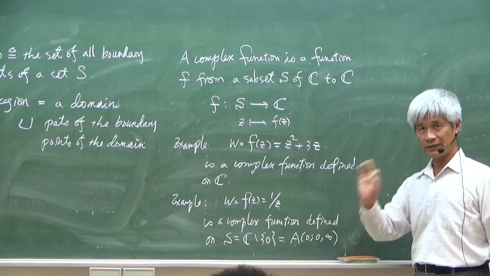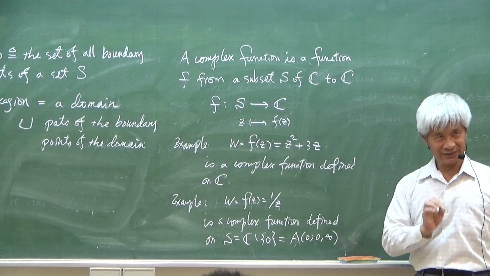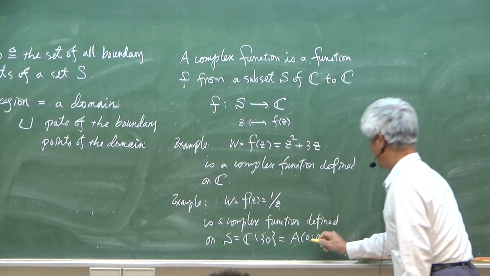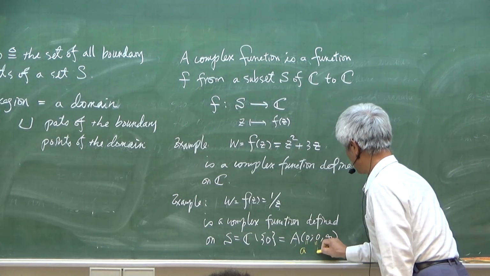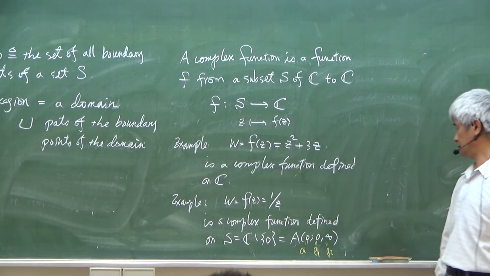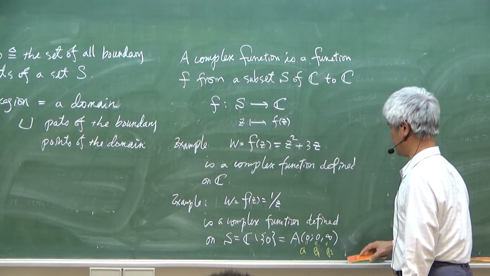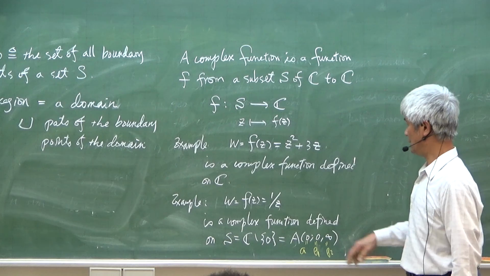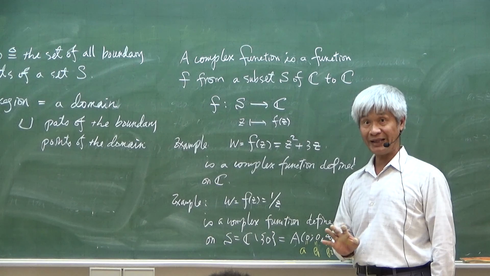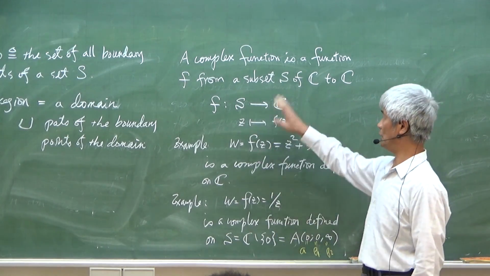The first 0 is the origin, the complex number 0. The second 0 is the real number 0. This is our A, this is our r1, this is our r2. This is a special type. So the domain is not the whole complex plane here. It is obvious that z cannot be equal to 0.